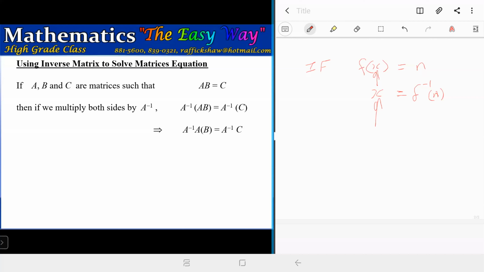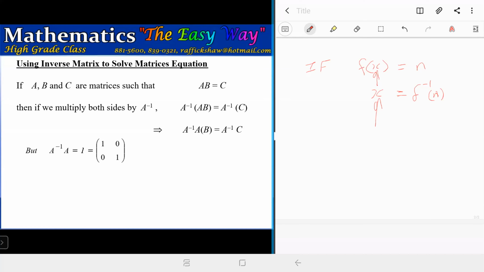And we know that A to the minus 1 times A is equal to the identity matrix, which is just like the number 1. A to the minus 1 times A, as we said, will be equal to the I matrix, which is 1, 0, 0, 1. Just think of the I matrix as the number 1.